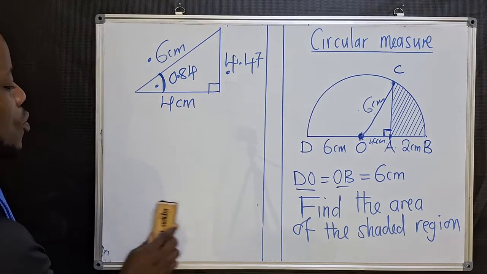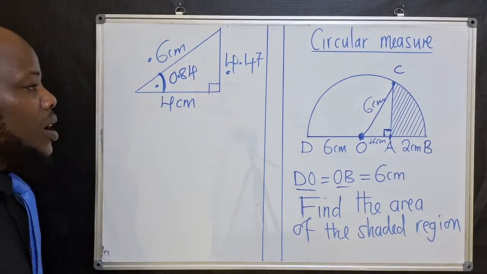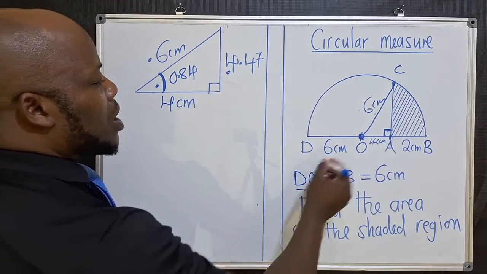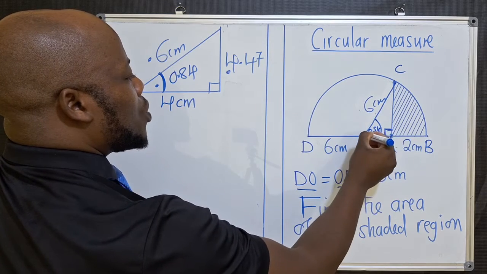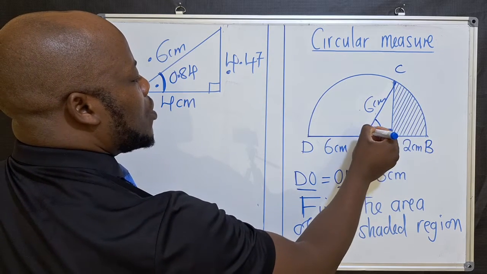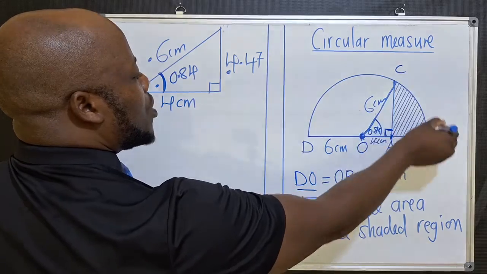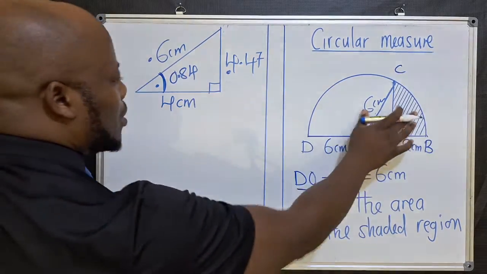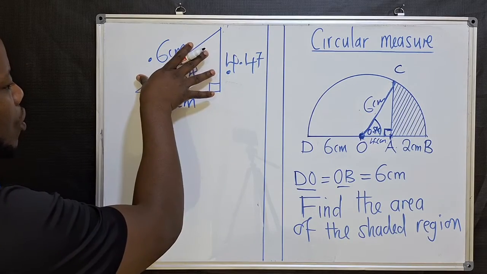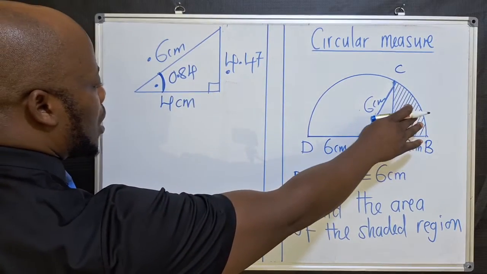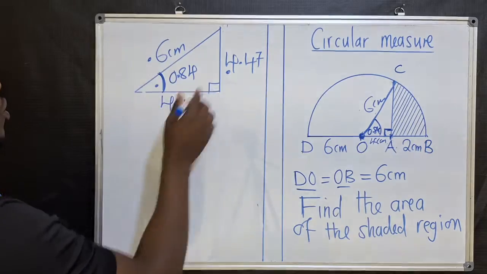We need to find two areas. We know that the angle here is 0.84. We can start with the area of the entire sector, or if you want, we can start with the triangle and then come to the entire sector. Let's just work out the triangle first.